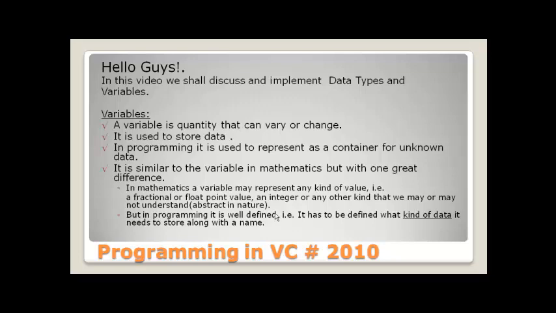So variables act as containers for unknown quantities, and therefore you always need to tell the computer what kind of data you want to store in a variable, providing the name and the type the variable is supposed to store.